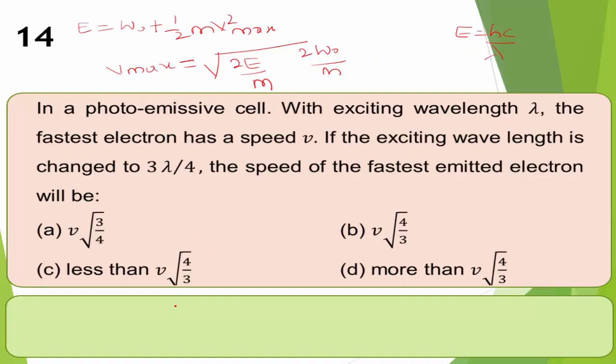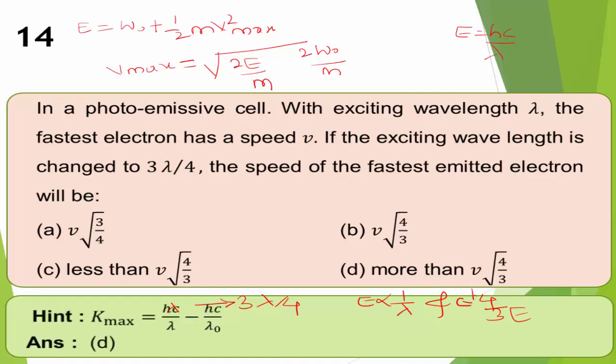Now I change this lambda to 3 lambda divided by 4. Here E is inversely proportional to lambda, so it becomes E dash, that is 4 by 3 times E.